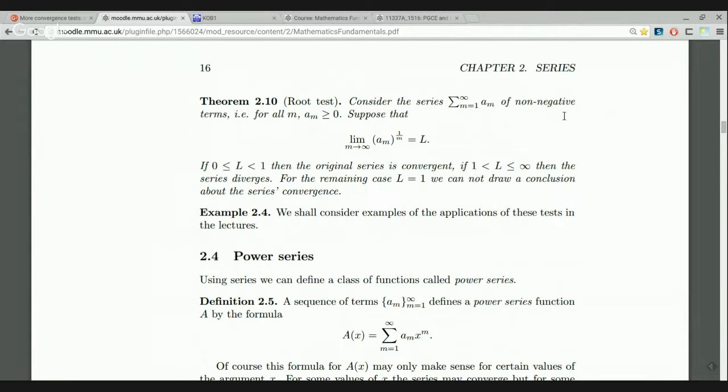So we're looking at a_n to the power 1 over n. Okay, so that's the nth root of the nth term. And again, we're taking the limit of that. If it's possible to evaluate that limit to find out the number L, then we may be able to make a conclusion about the convergence or divergence of this series.